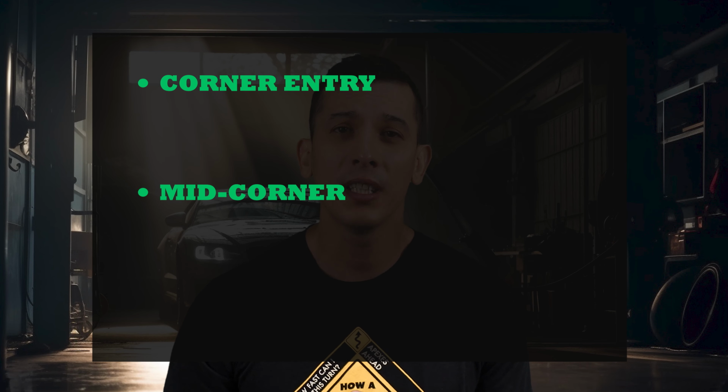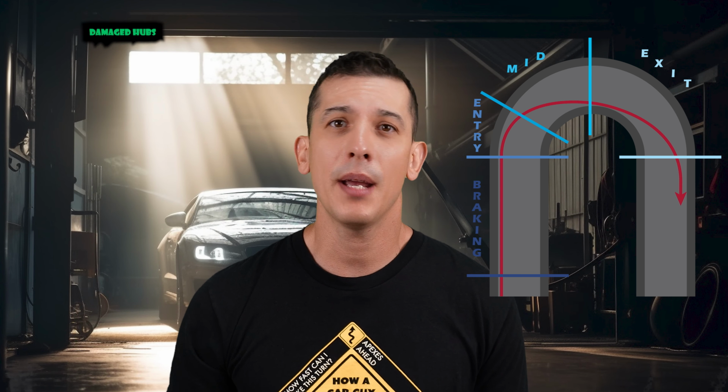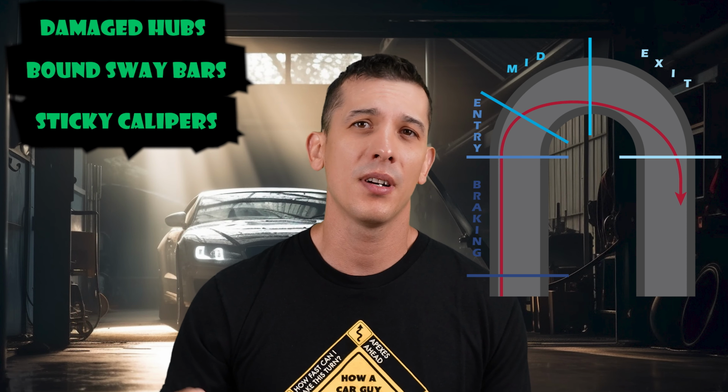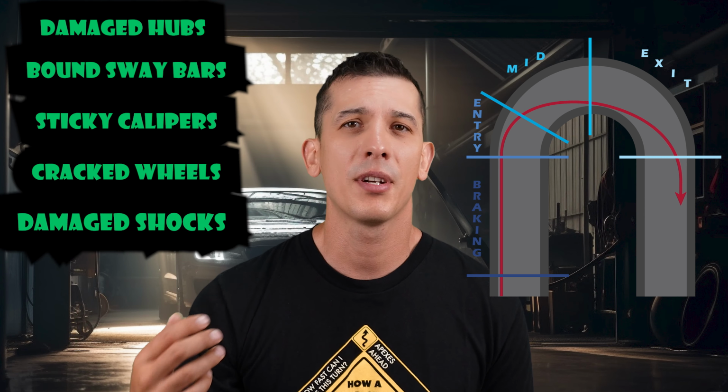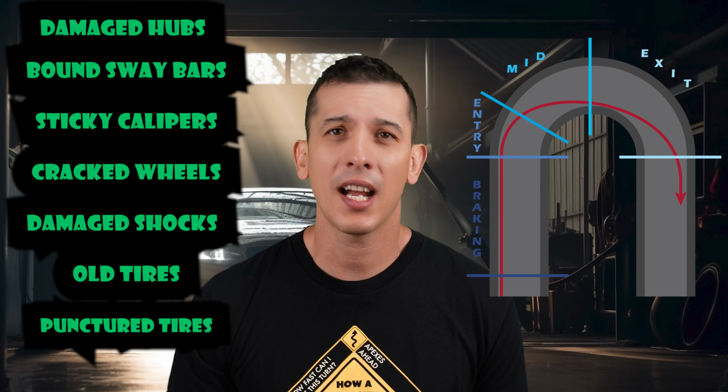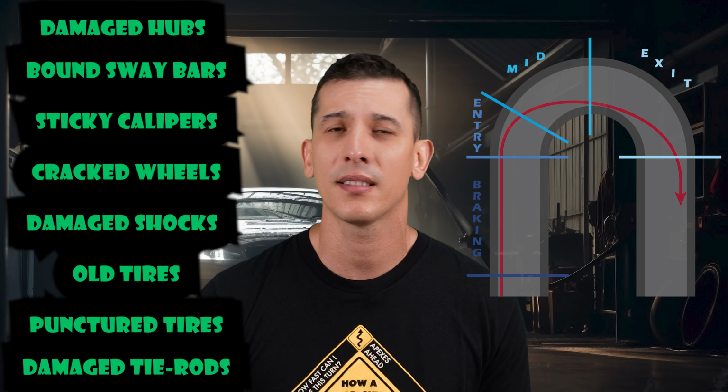First thing you have to do, which is sometimes easier said than done, is to identify if it's happening at corner entry, mid-corner, or corner exit. Once you establish that, you can start making sure that you don't have a mechanical failure, which can be damaged hubs, bent sway bars, sticky brake calipers, cracked wheels, damaged shocks, old or heat-cycled-out tires, a tire puncture, damaged tie rods, and so on.